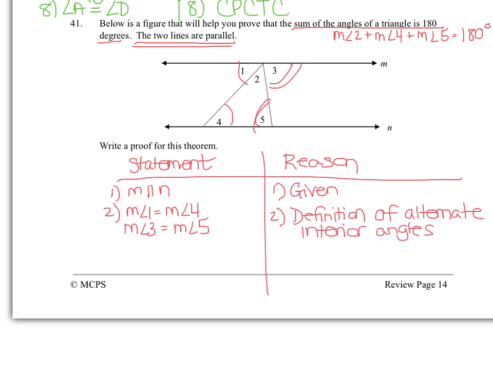All right, once we've proven that, I also know that the measure of angle 1 plus the measure of angle 2 plus the measure of angle 3 equals 180 degrees.